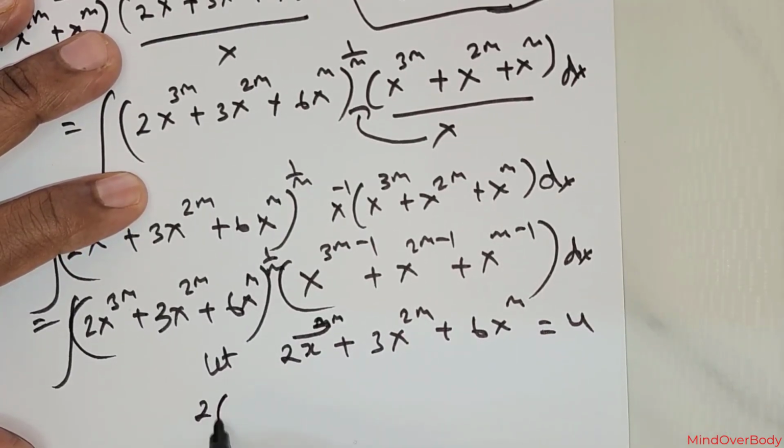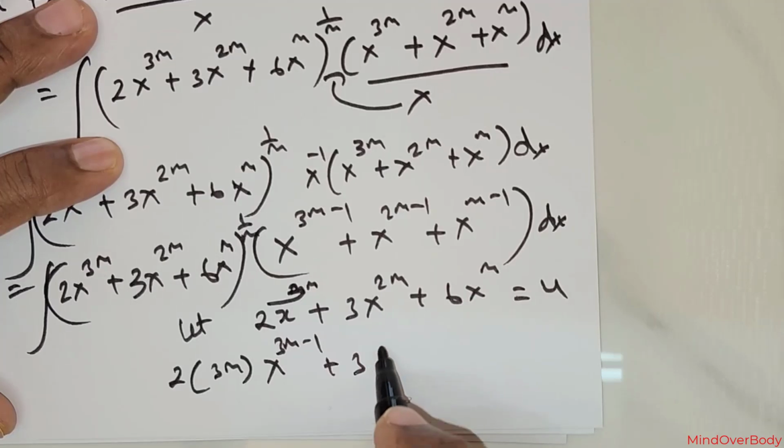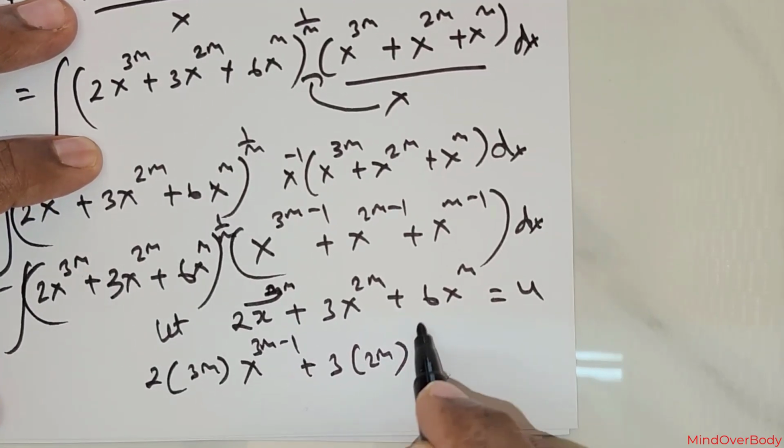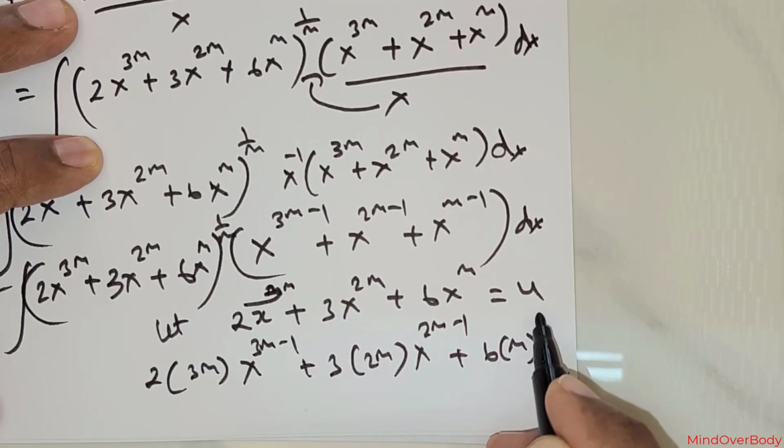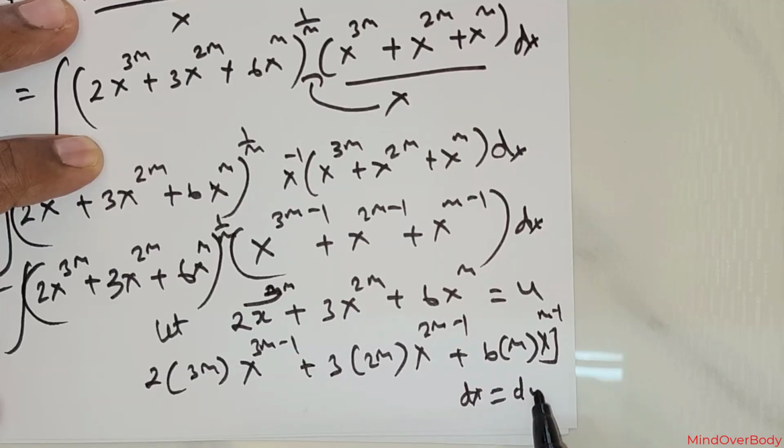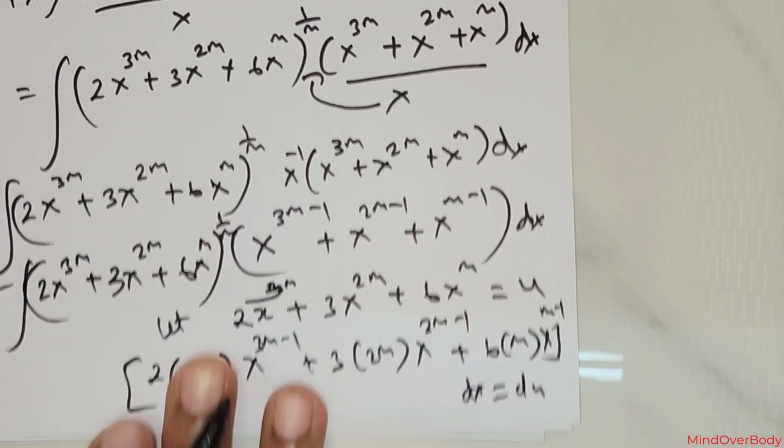If you differentiate this, you have 2 times 3 times m times x^(3m-1) + 3 times 2 times m times x^(2m-1) + 6 times m times x^(m-1), multiplied with dx, is equal to du.